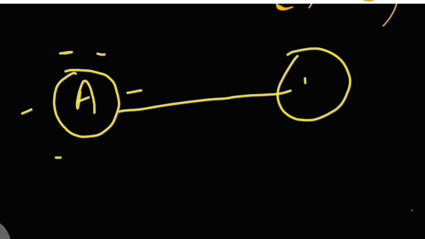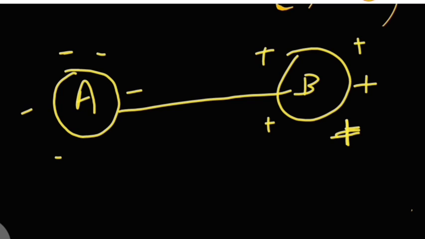So here I'll draw it once again. Here it was negative charges and here it was initially positive charges. So we can say that there is a difference in potential.